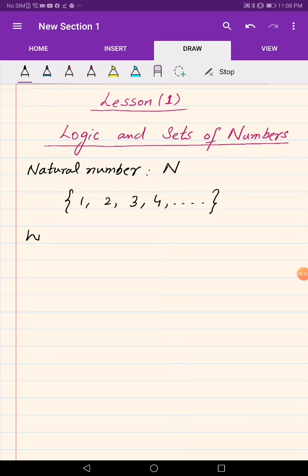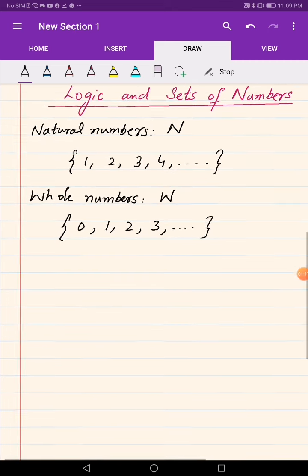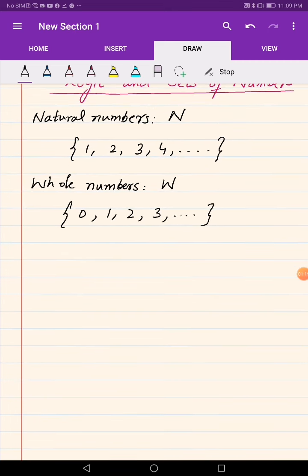Then we have whole numbers, and this set is represented by W. We just add 0. Then we go to the set of integers. It is represented by Z, and it has all the whole numbers with plus and minus sign.